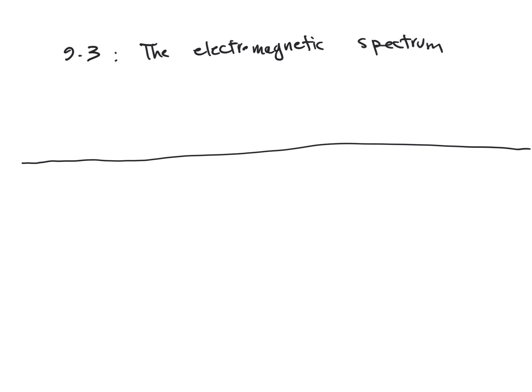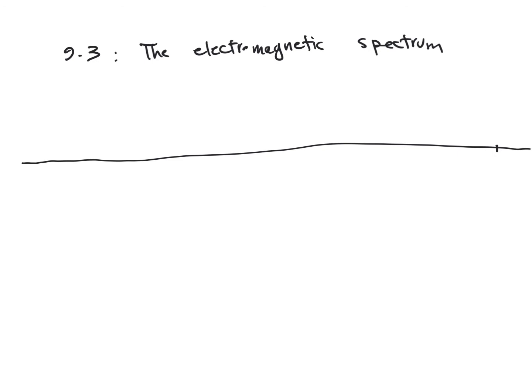So, do you remember that in the visible light spectrum, each of the colors had a specific wavelength, frequency and energy associated with it? We said that these different wavelengths determine the color of the visible light.